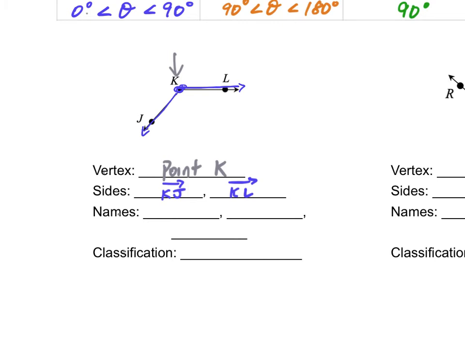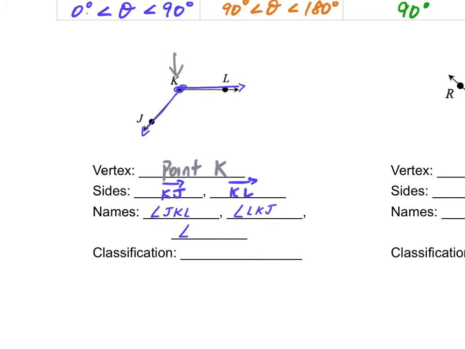And the names: I have an angle, and our vertex has to be in the center, so I could say that I have angle JKL, or I could have angle LKJ. Either one of those is acceptable.